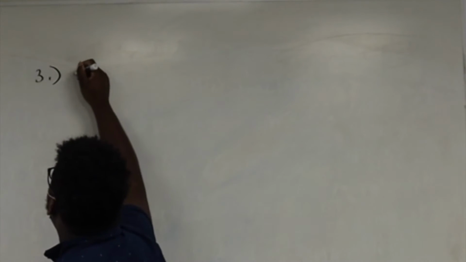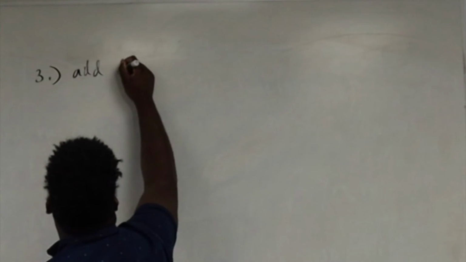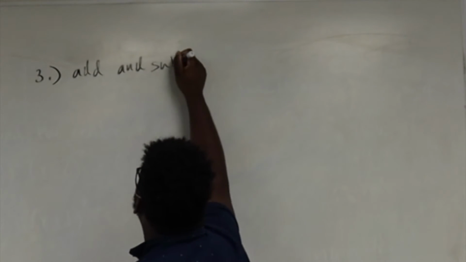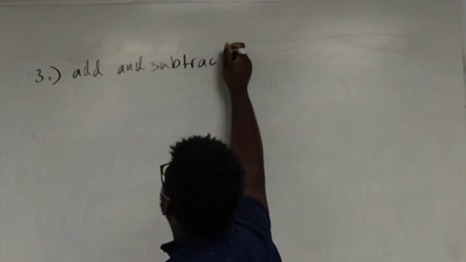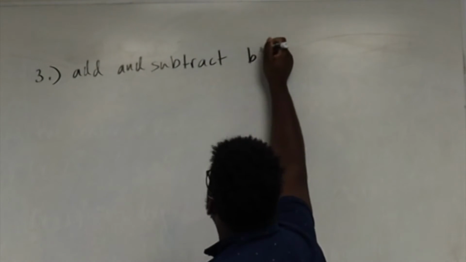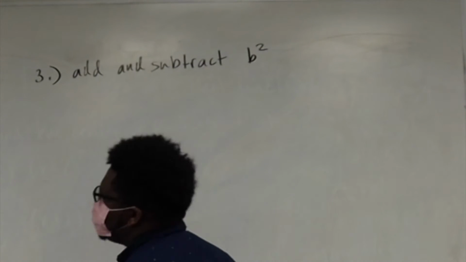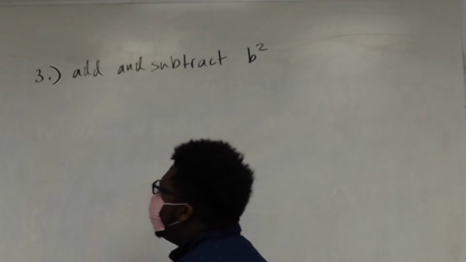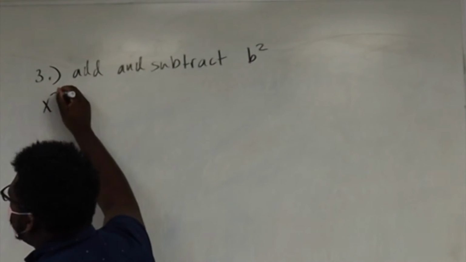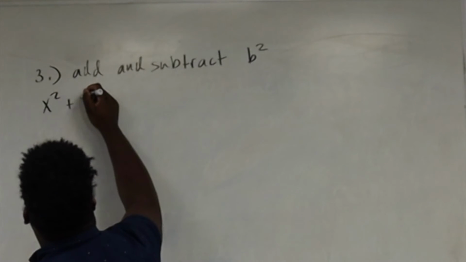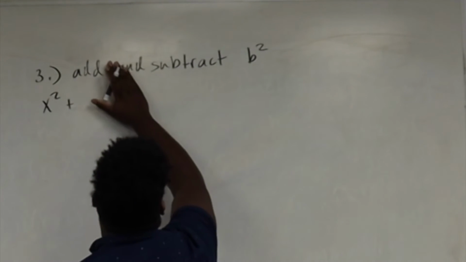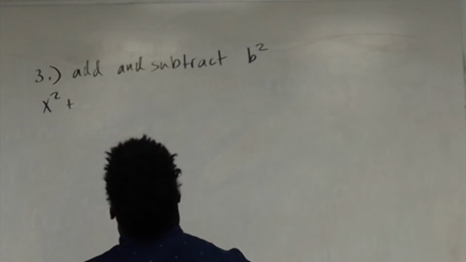So now we go to step 3: add and subtract your b squareds. Let me show you what I mean.